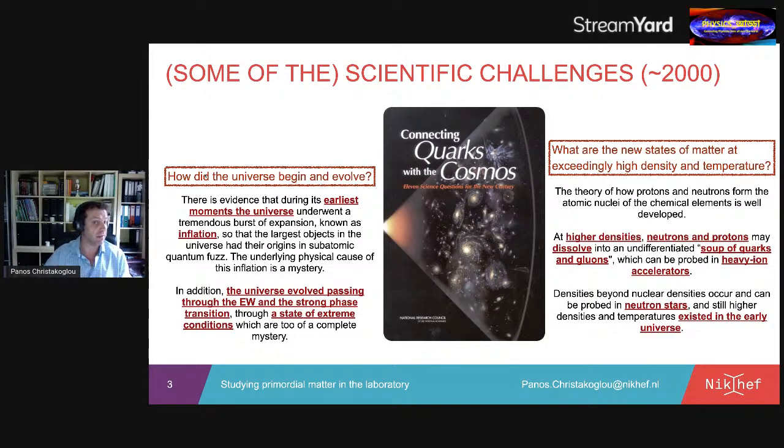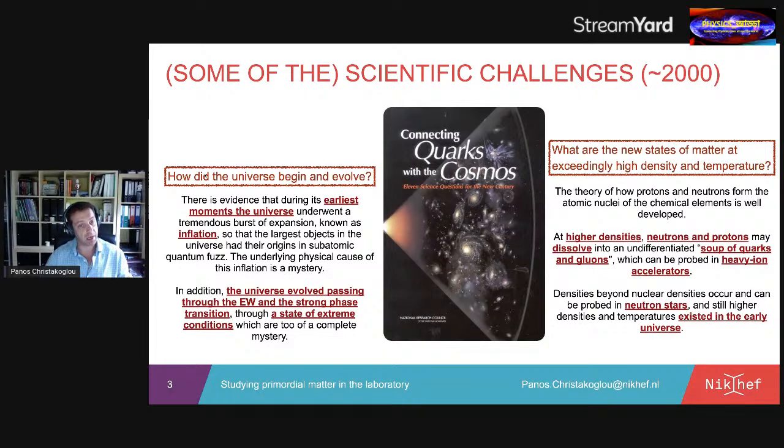after the inflation era, the universe evolved, passing through a series of phase transitions, starting with the electroweak phase transition, followed at lower temperatures by the so-called strong phase transition.